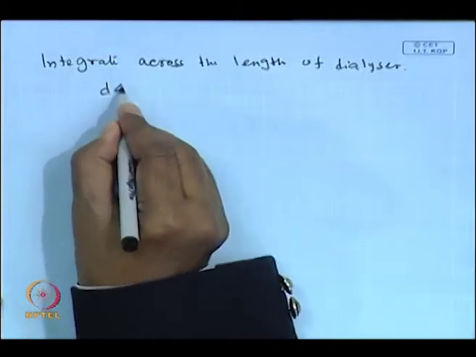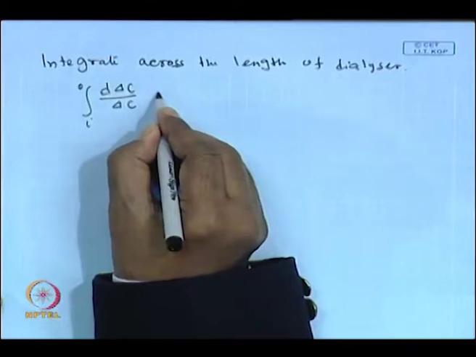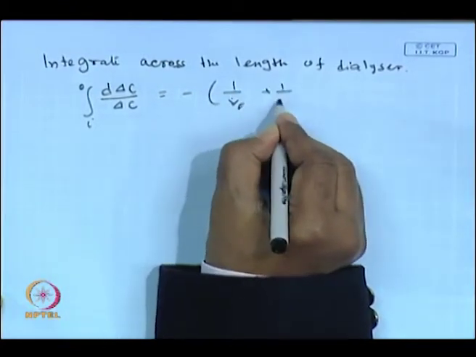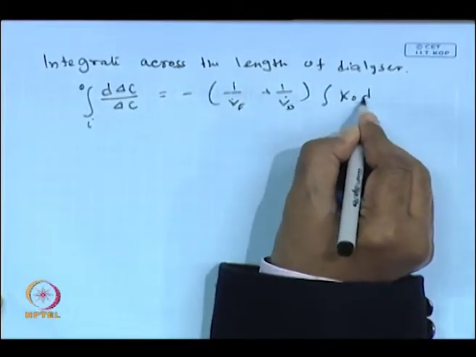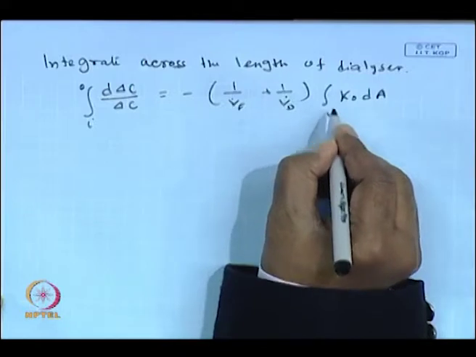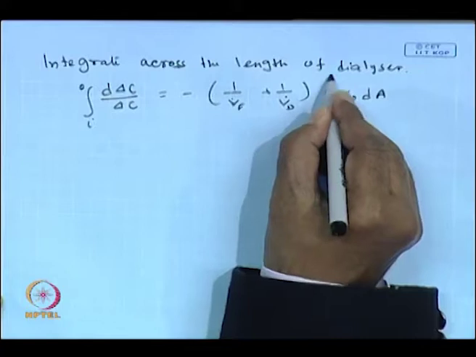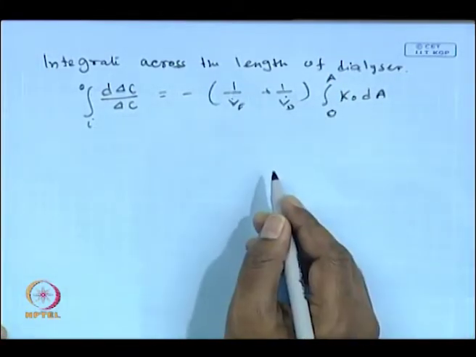So, d delta C over delta C from the inlet to the outlet will be nothing but 1 over Vf dot plus 1 over Vd dot integral k0 dA from inlet to outlet. From inlet to outlet means over the overall area from 0 to A. At the inlet the area was 0, and at the outlet the full area will be available.